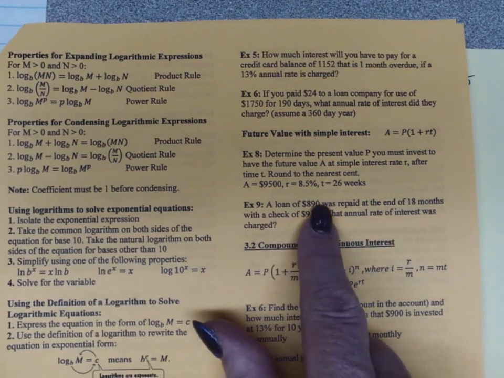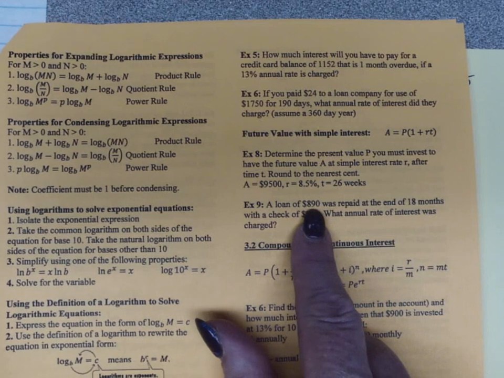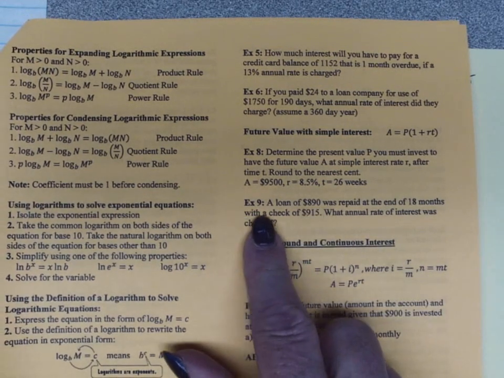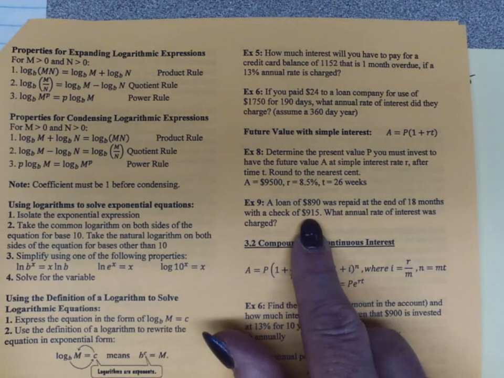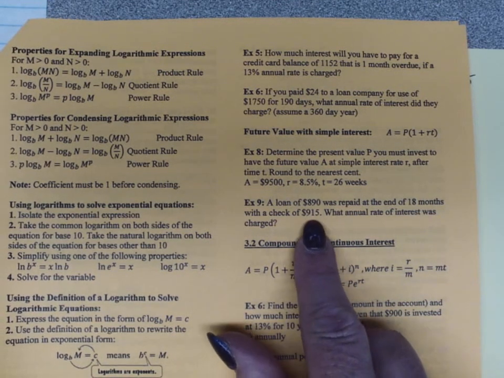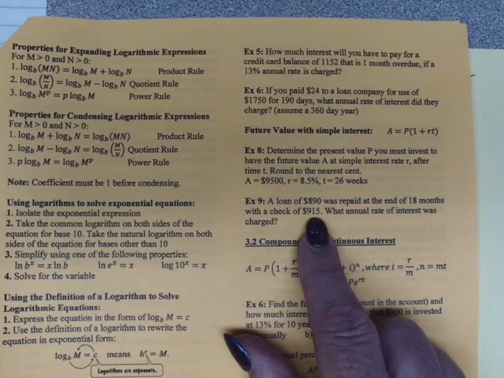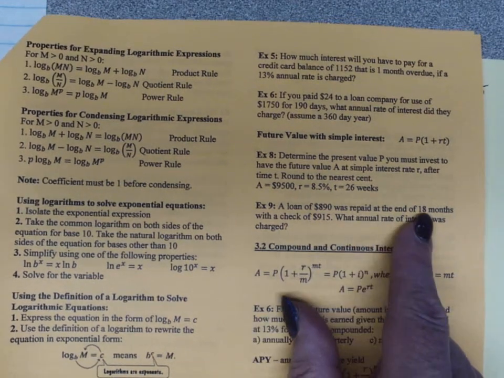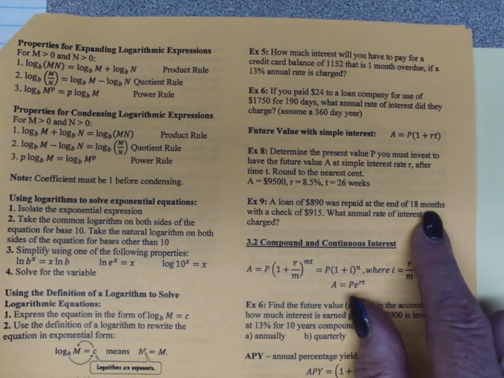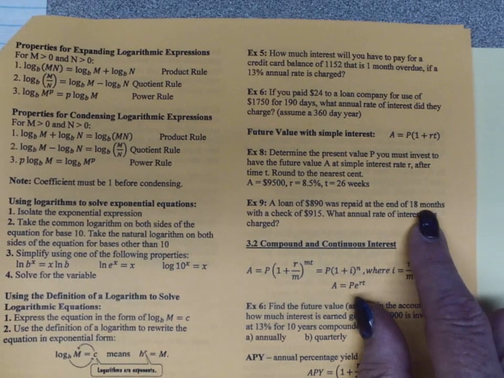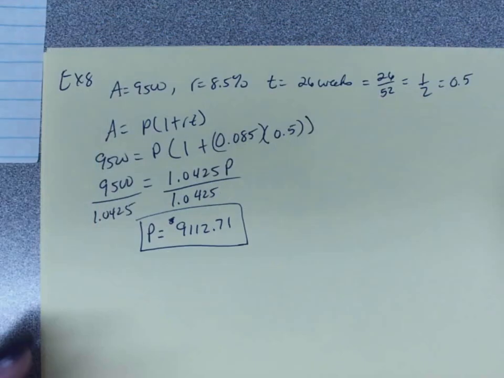So a loan, that means we got a loan, that was the starting part, that will be our P, was repaid with a check of $915. That would be the accumulated value, how much the loan became valued at down the road. 18 months has to be written as a year, so we're going to divide by 12, and we're looking for the R.